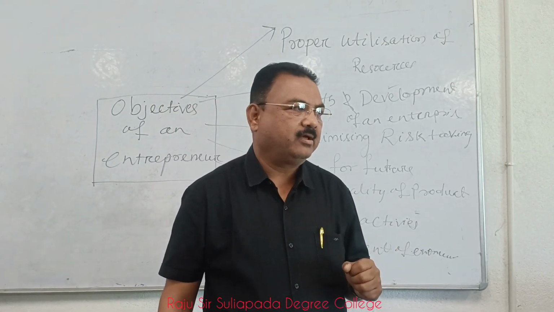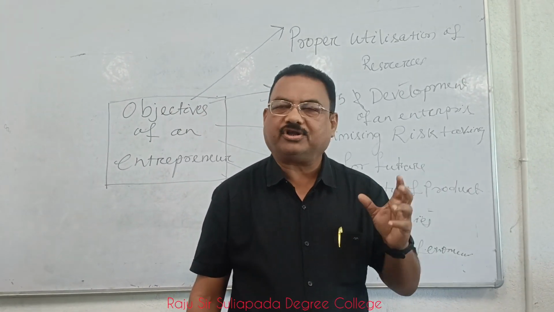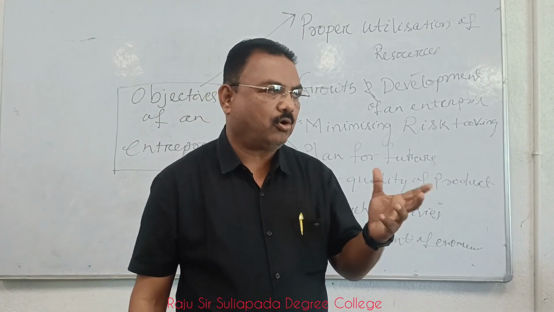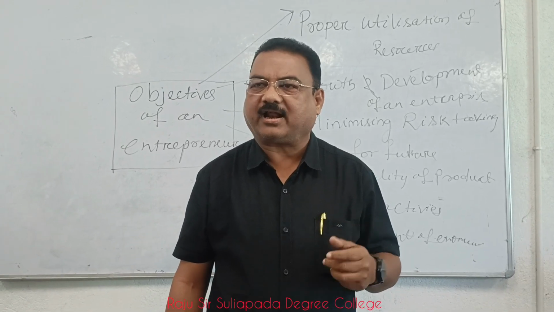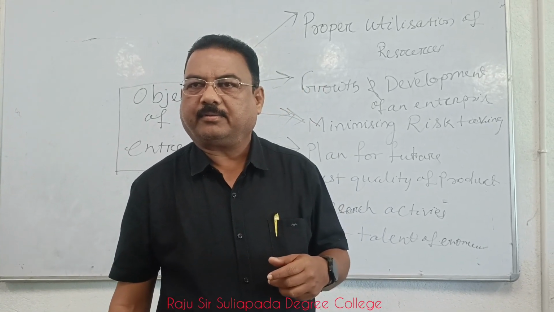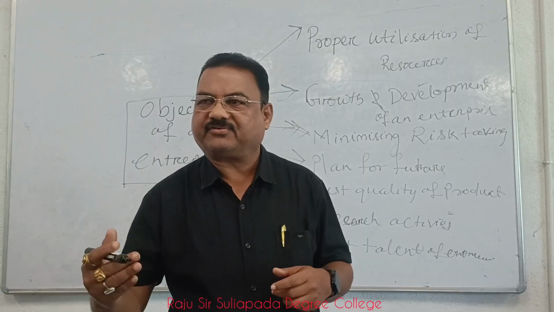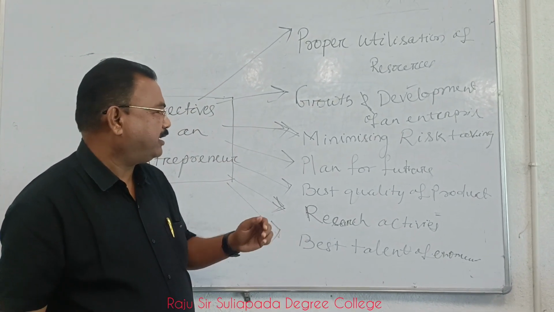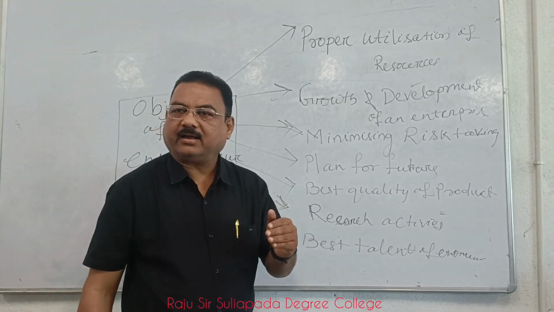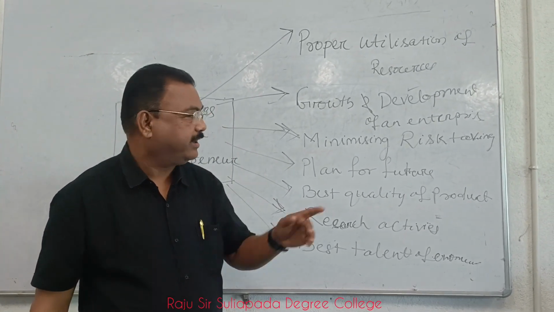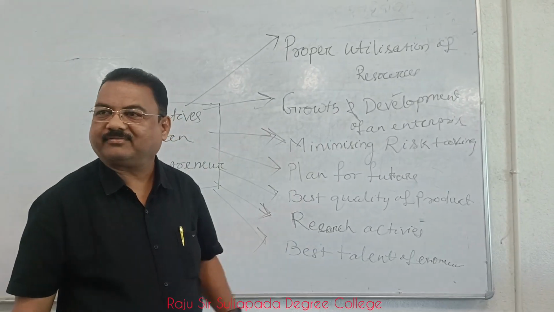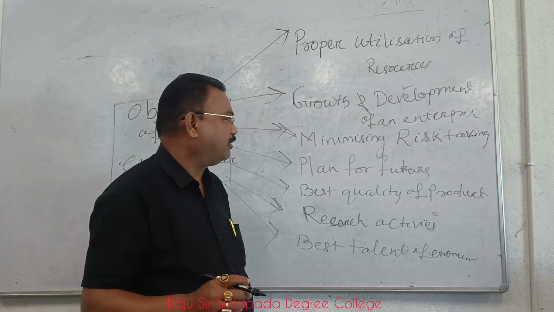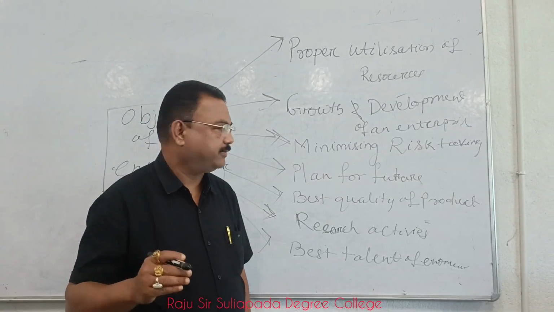Some problems are in uncertain conditions like fire, flood, drought, etc. To overcome these problems, he will minimize his risk because he takes financial risks. The main objective is to minimize the risk.